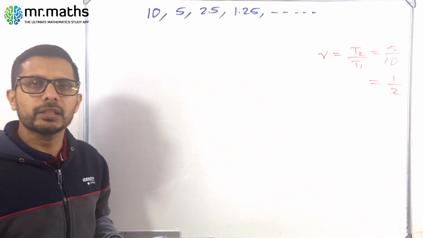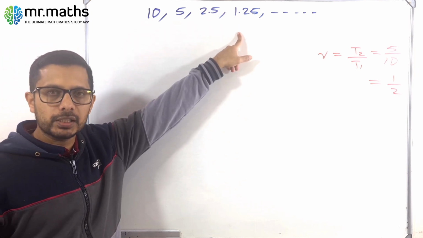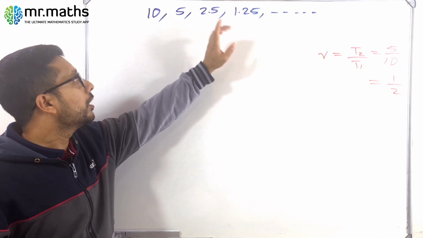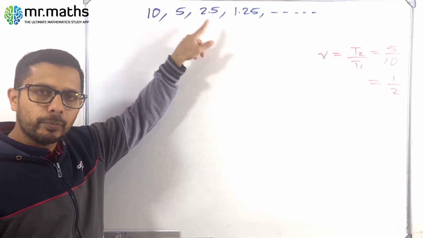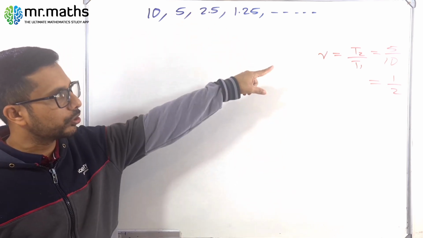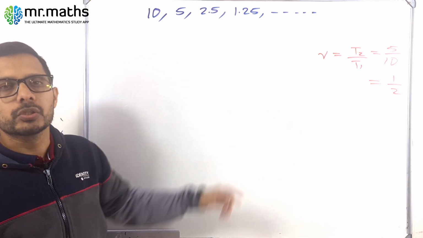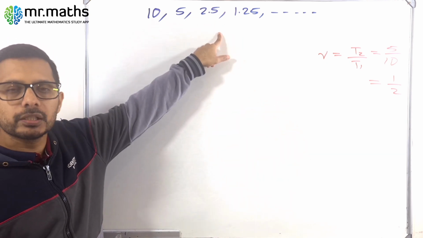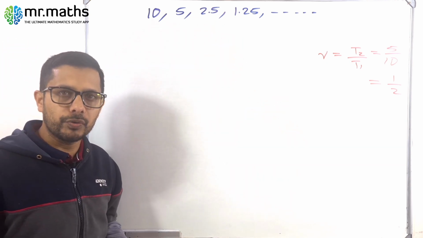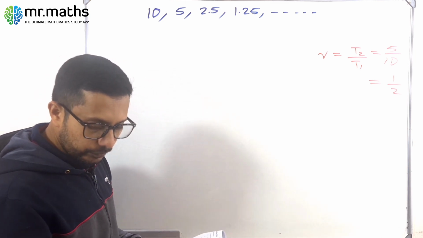So if it is a geometric sequence, of course you can find a common ratio, T2 divided by T1. So in this geometric sequence, the common ratio is 1 over 2. You understand? Okay.